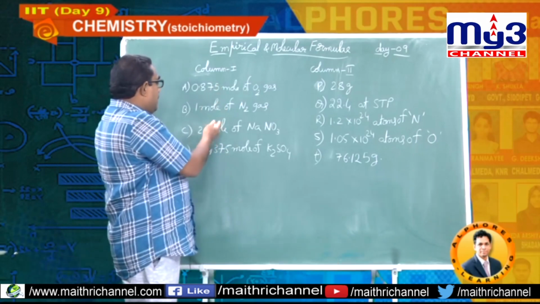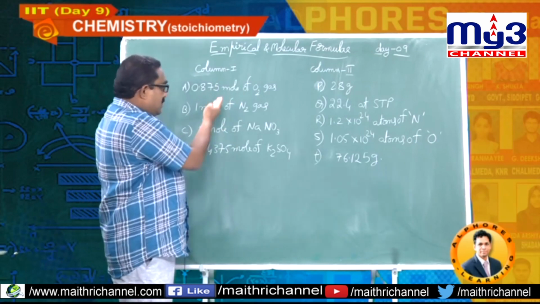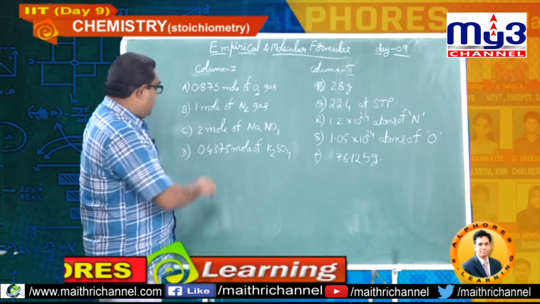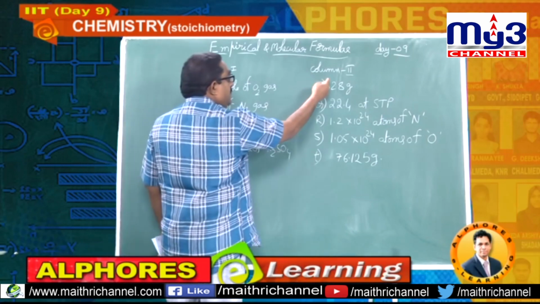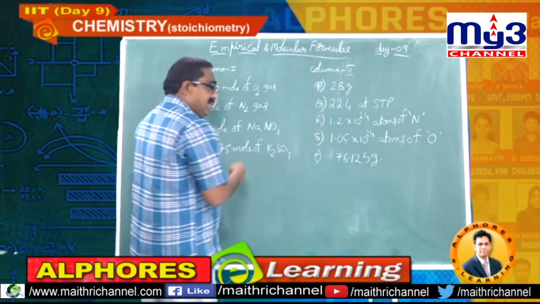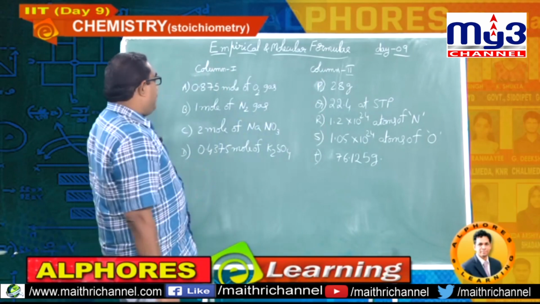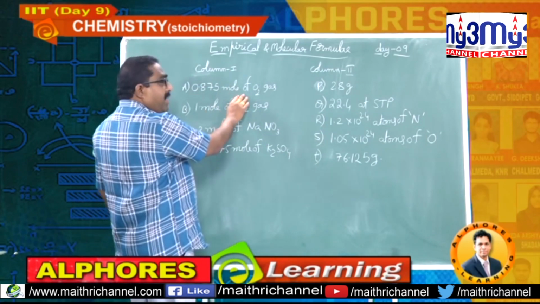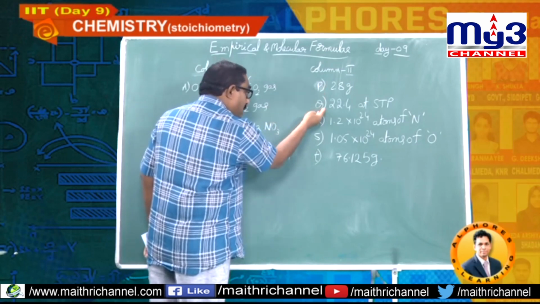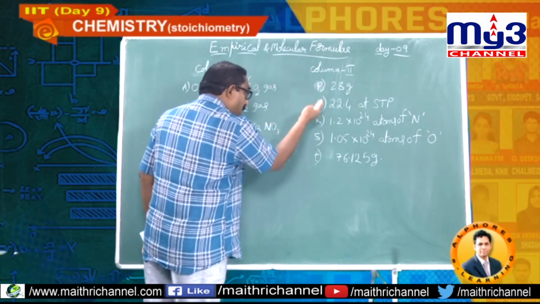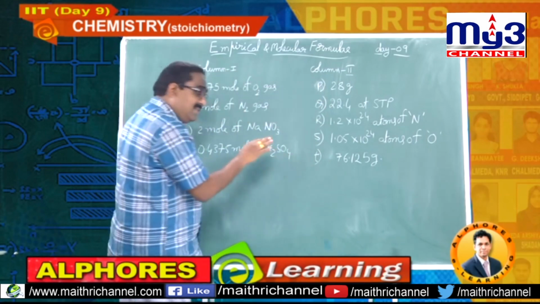In the first column you will have 4 different items A, B, C, D, and in the second column P, Q, R, S, T. Matrix matching means A may be matched with either P, or P and Q, or PQR, or PS, or all PQRST, like that.